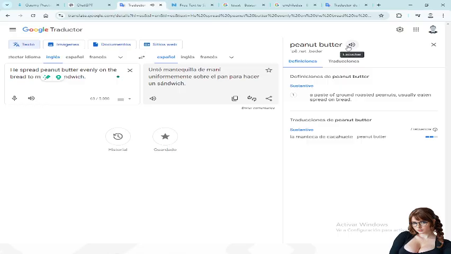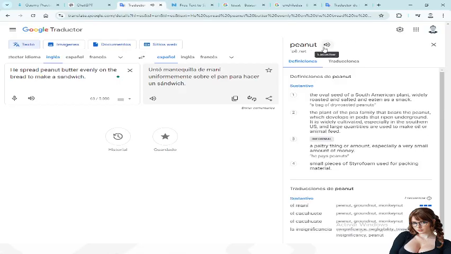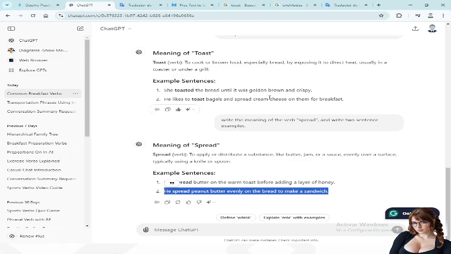Remember the correct pronunciation of the word peanut, like an O. Peanut butter. Okay, peanut butter.